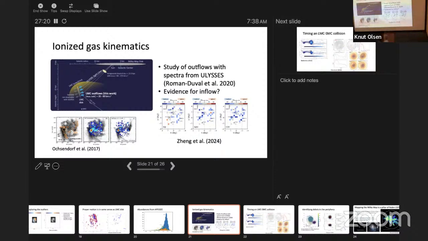But what we think is happening is you're actually getting inflow of that gas, so that's detected possibly here, which makes sense given the kinematics of this gas and the association with the stars that we think might have come from the SMC along with it, so that this gas is actually falling into 30 Doradus, creating the pressure to contain that star forming region, right? And also, I think it could be a natural explanation for why you see such high gas density on the eastern rim of the LMC because of that pile-up.